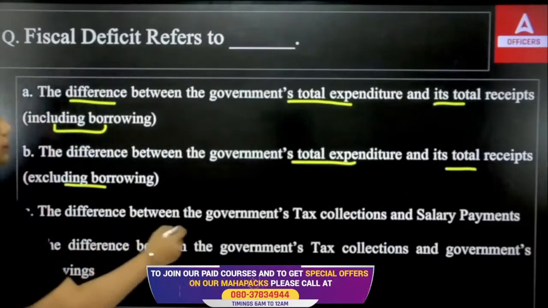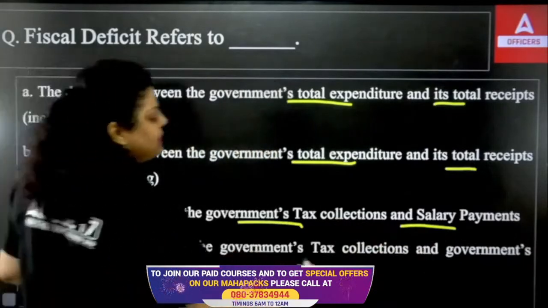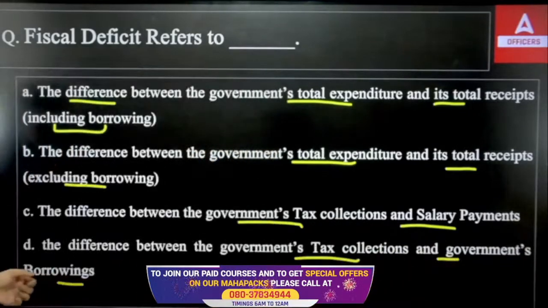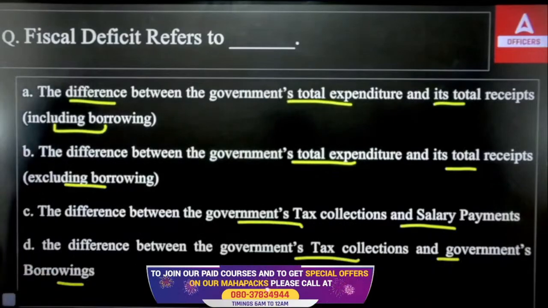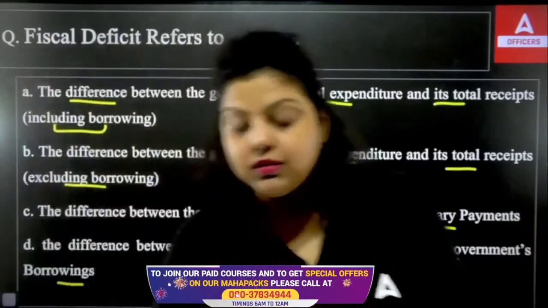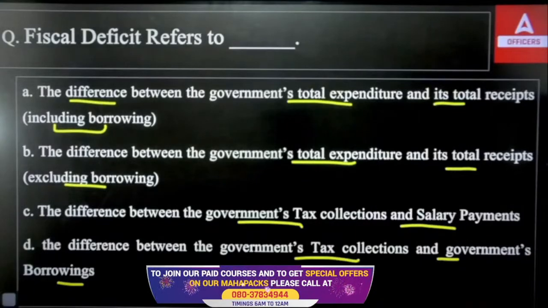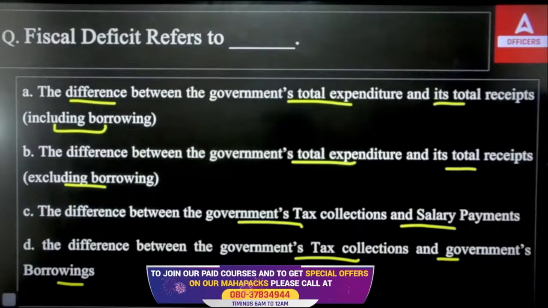Third, the difference between government's tax collection and salary payment. Fourth, the difference between government's tax collection and government's borrowing. Which of the following is the fiscal deficit? Let me know which is correct: A, B, C or D.